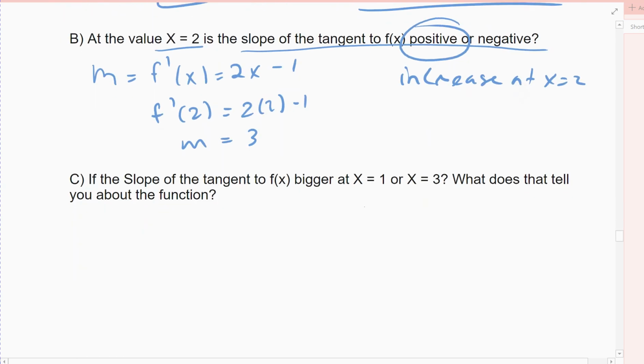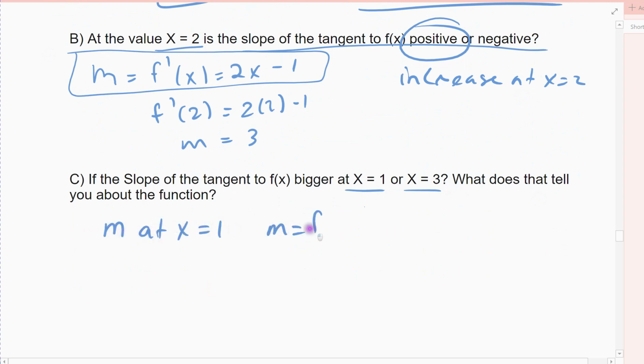Still working with the same equation, so I'm going to use the same derivative. Is the slope of my tangent bigger at 1 or 3, and what does it tell you about the function? My slope at x equals 1 is the derivative at 1, which comes out 2 times 1 minus 1, so that's 1.